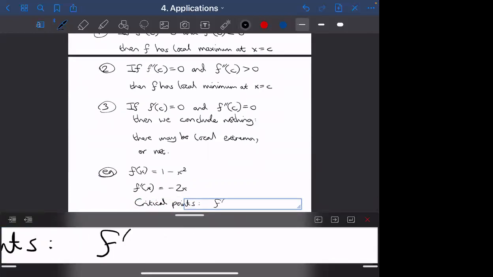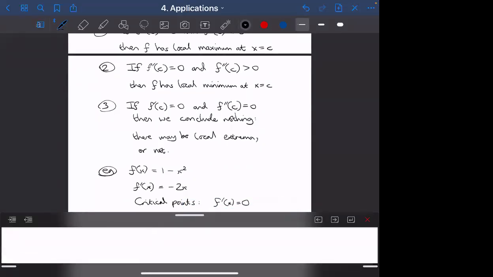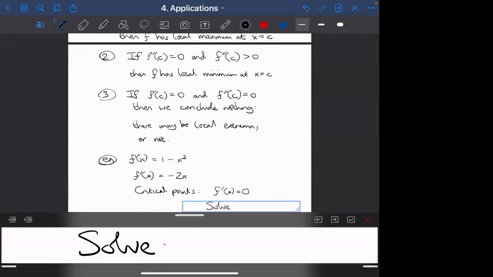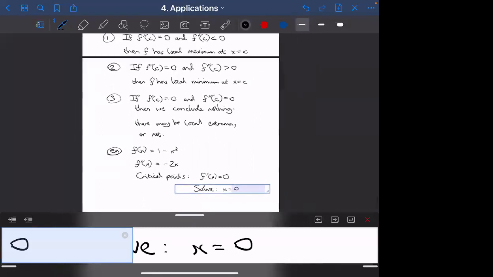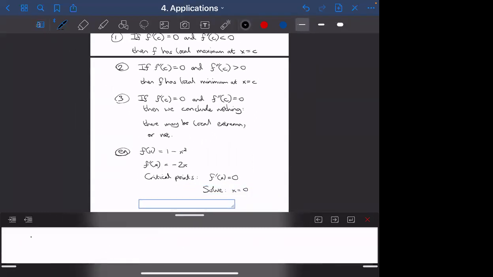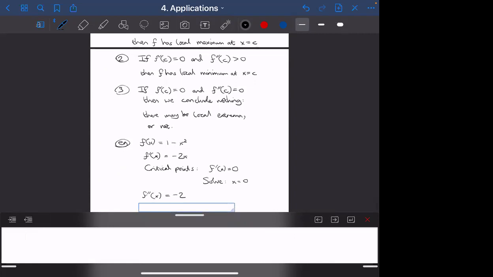We set f prime x equal to 0 and solve. We just get x equals 0. And now this test is telling us to calculate the second derivative at this point. Well, the second derivative is constant, it's minus 2. So from the first bit at the top of the board, local maximum at x equals 0.